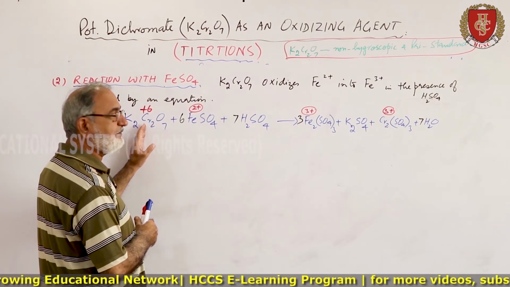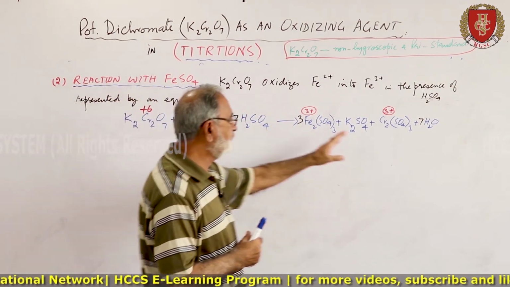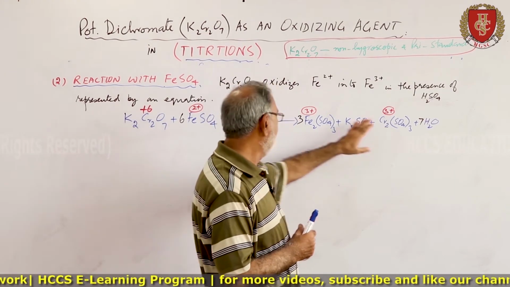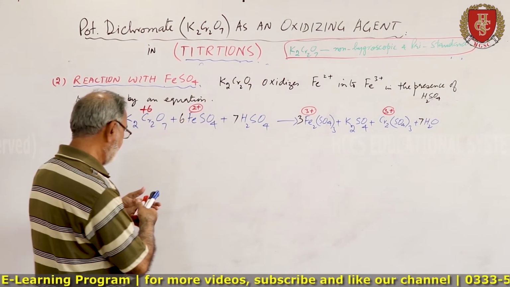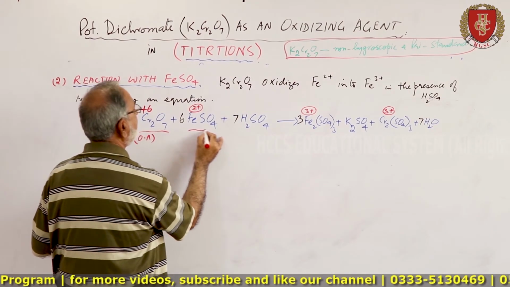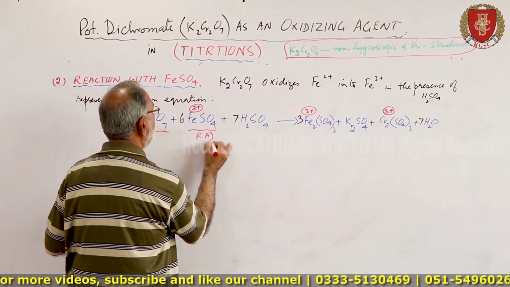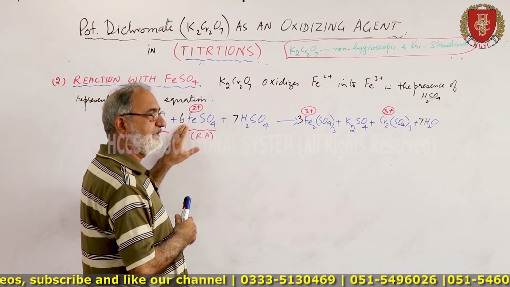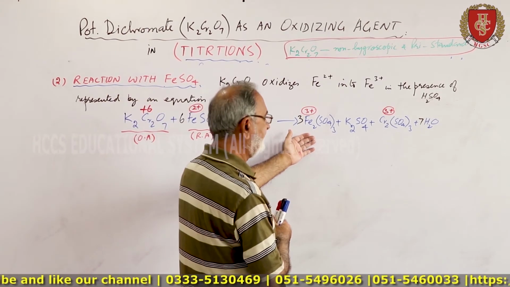Chromium plus 6 is reduced into chromium plus 3, whereas as an oxidizing agent it oxidizes the reducing agent. The ferrous ions are converted into ferric ions.